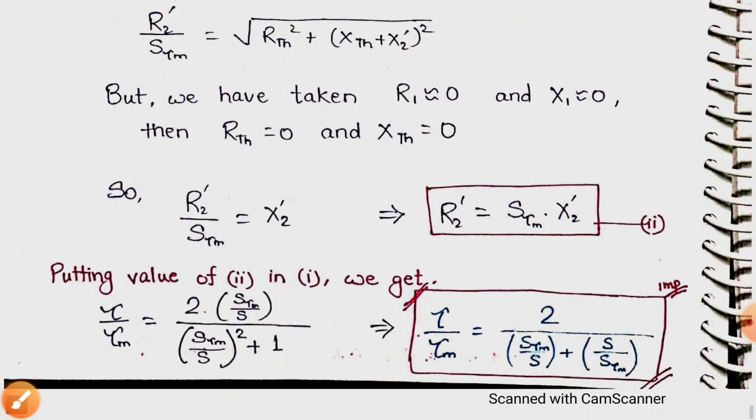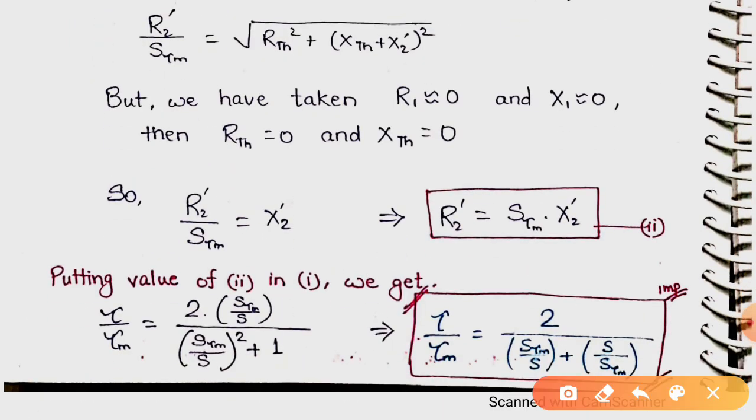The relation which we get is tau upon tau m is equal to 2 S tau m upon S, divided by S tau m upon S whole square plus 1.